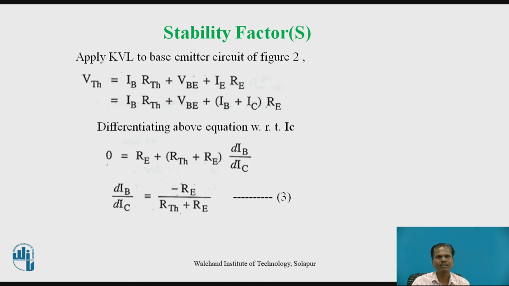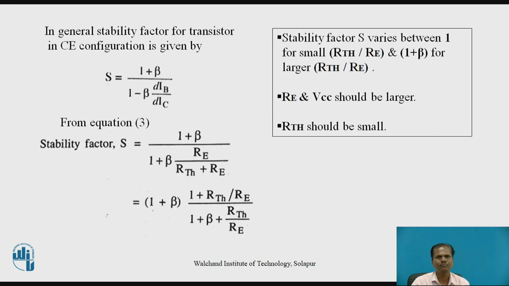So let us differentiate this equation with respect to collector current IC. As VTH and VB are constant, 0 equals RE plus (RTH plus RE) into the change in base current due to change in collector current, the derivative of base current with respect to collector current. So that is given by minus RE upon (RTH plus RE). Let this be equation number 3.